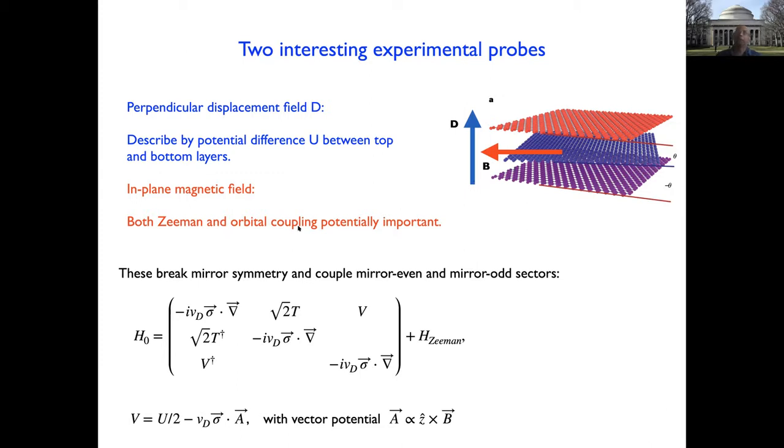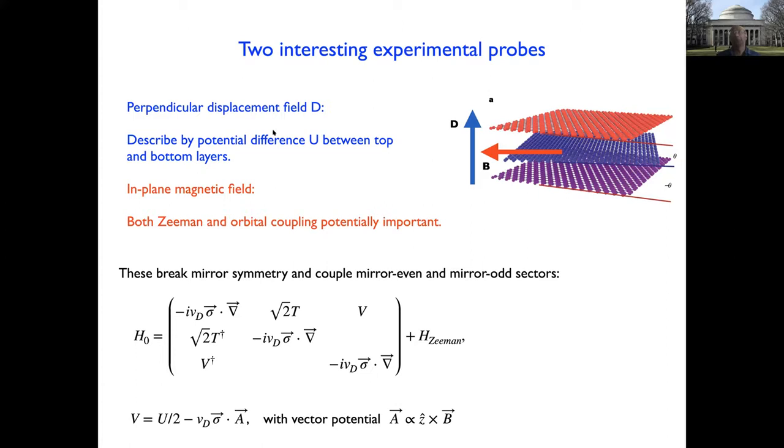But as we know from study of many of these Moiré materials, the orbital coupling is also potentially important. There is a reasonable amount of flux that goes through the Moiré unit cell, given that the lattice constant in plane is large. So an in-plane magnetic field shifts the momentum of the electrons in different layers relative to each other, and that gives rise to an orbital coupling.